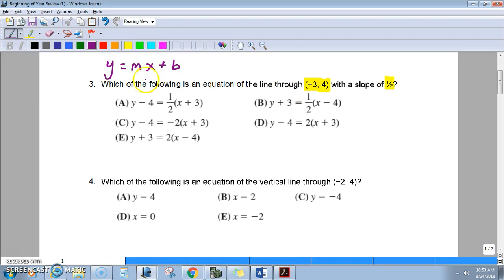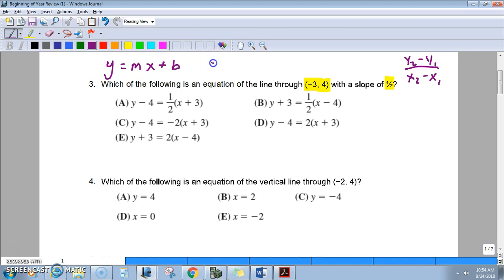Something that may help you remember this is that the formula for slope is always y2 minus y1 over x2 minus x1, right? If you look at that, and I could go through the proof, I'm not going to in this video, but I might in class. You can see we have a y minus a y and an x minus an x.